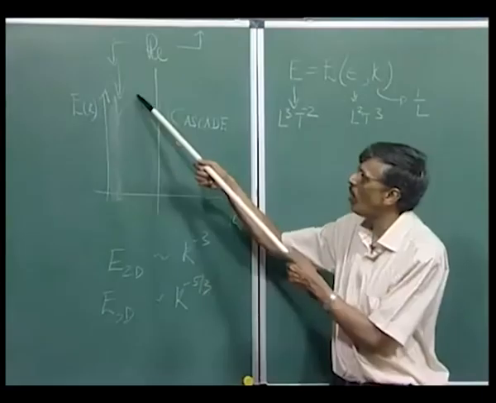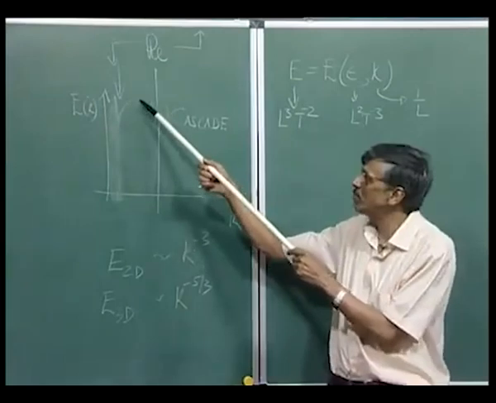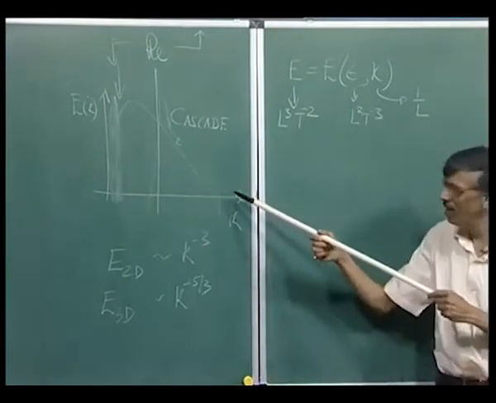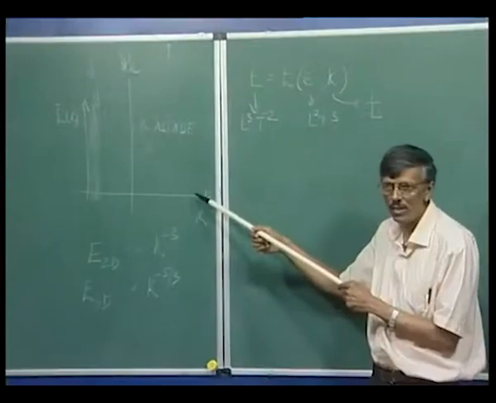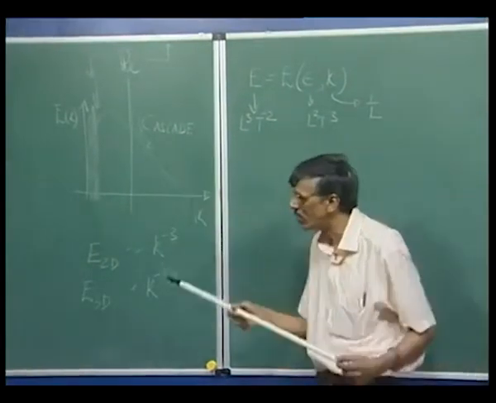In this small k range, nonlinearity is important, that pushes the energy to higher k, and it keeps on going, and somewhere down the line it must dissipate itself into thermal energy, and that is what we are talking about.